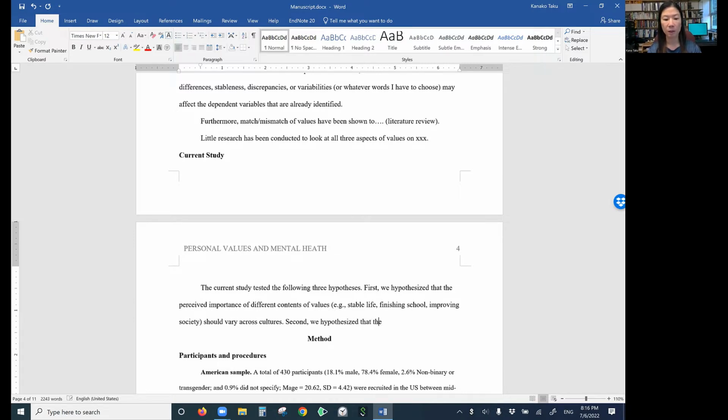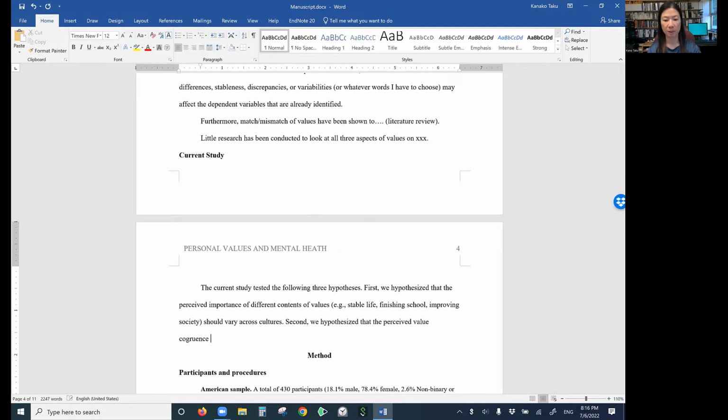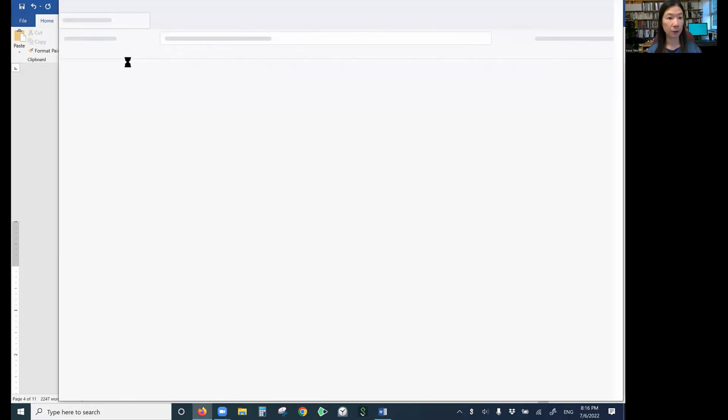the perceived value congruence. Congruence? Congruence, congruency, congruence. I'm not doing it right. Whenever it happens, or maybe just congruence, I guess. But I just use Google, because most of the vocabulary is still unfamiliar.